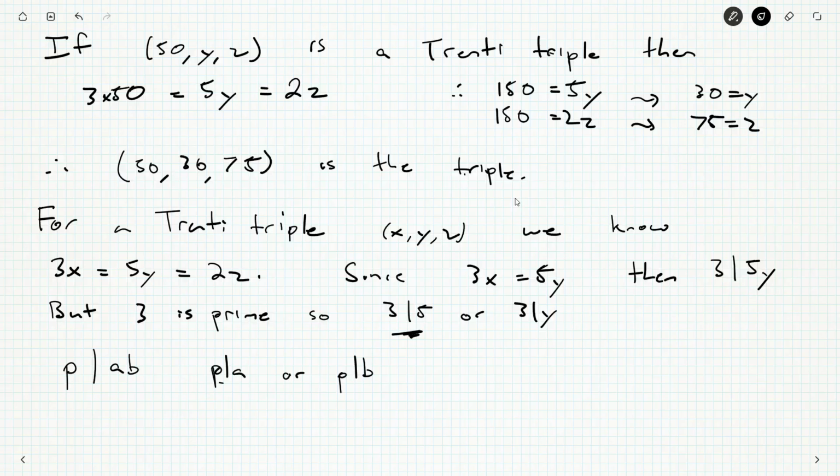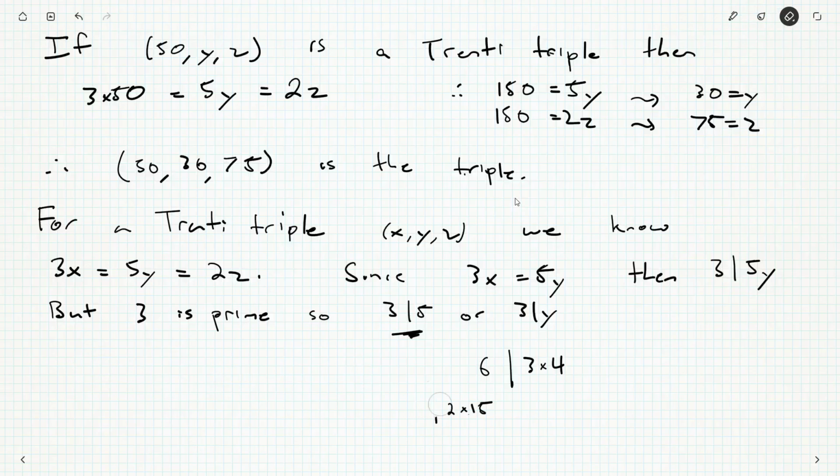Whereas, for example, 6 divides 12, which is 3 times 4, but 6 doesn't divide 3, and 6 doesn't divide 4, so this doesn't work. But something like 5 divides 30, there's no way to write 30 that doesn't have a multiple of 5 somewhere in one of the factors. Okay, so that's a nice fact about prime numbers, and that's what we're using in this question.